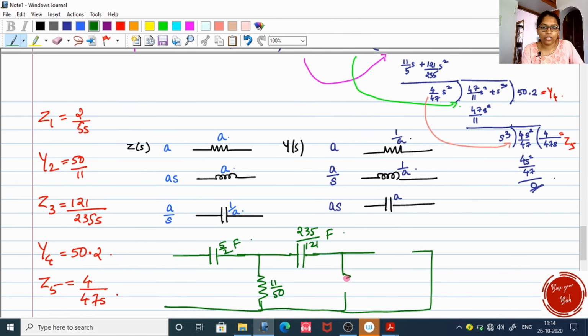So draw a resistor with the value reciprocal of 50.2, about 0.0202 ohms. Fine. And lastly, it is an impedance of the a by s form. Again, it is a capacitor with value 47 by 4 farad. So here comes the z of s form, that is the Cauer 2 form.